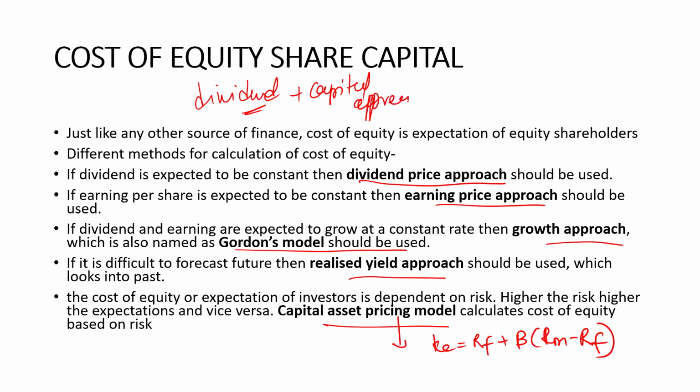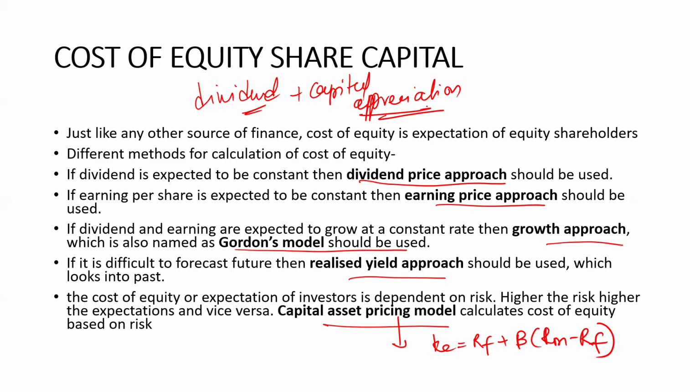Dividend is not guaranteed. If the company wants, they'll give you dividend; if they don't want, they will not. And since the life of equity is considered infinite, calculating the cost of equity is a little complicated, and the accuracy won't be up to the mark.